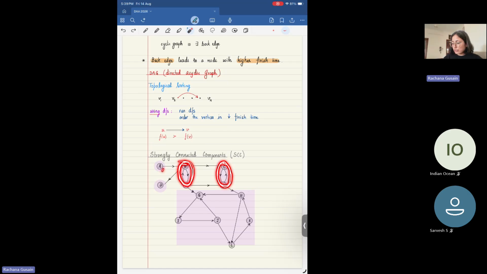Forget about the remaining part of the graph and just focus on these two. Can I have edges between two SCCs such that the edges are pointing in different directions? Is it possible to have an edge like this and an edge pointing in the forward direction?